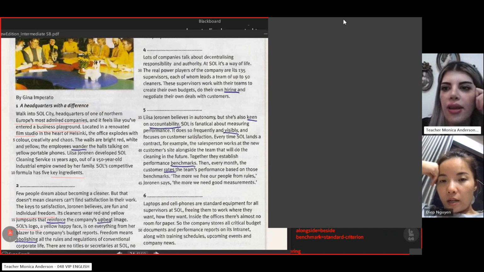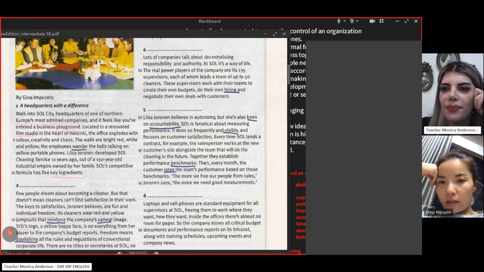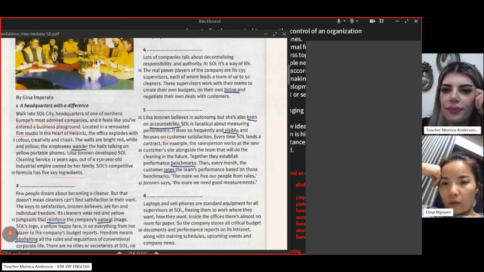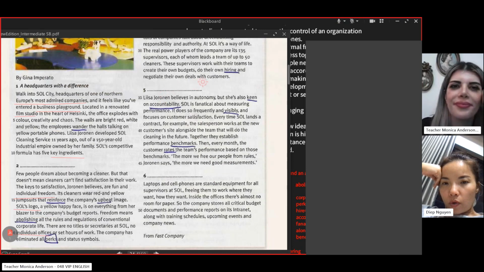Is there any other thing that you want to mention? Measuring performance.